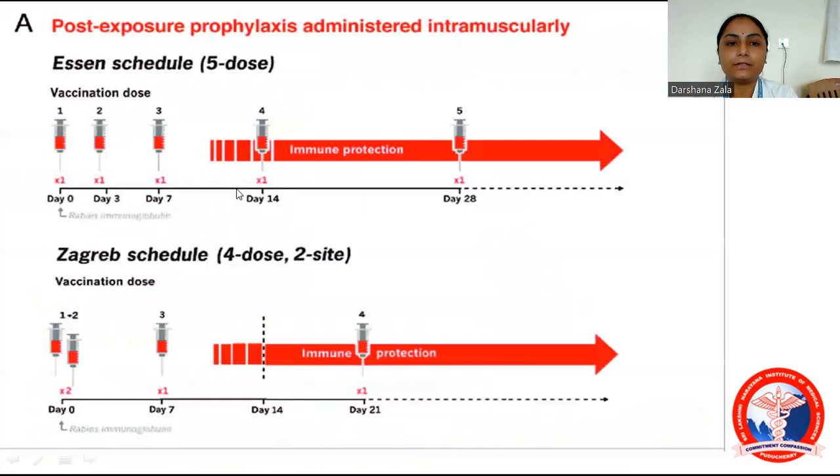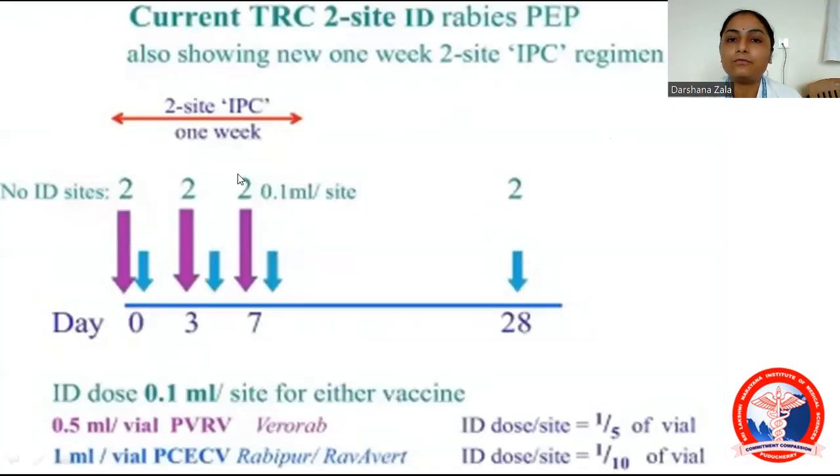In the previous doses, we were giving 0.5 ml or 1 ml of the vaccine. So the intradermal vaccine uses a very small amount of vaccine, and less than 2 vials will be utilized. Here we are giving 2 sites.